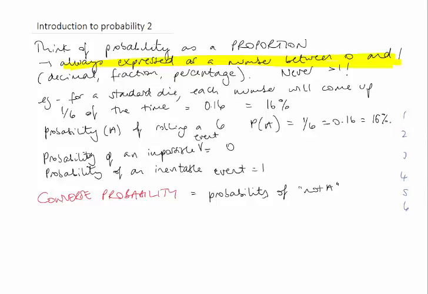And we draw that with one of these squiggles. The probability of not A is always 1 minus the probability of A, because probabilities are always a proportion out of 1.